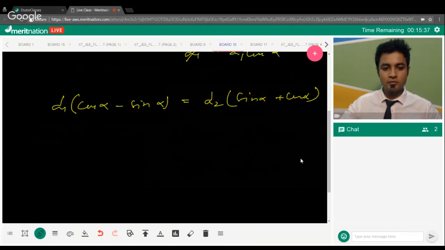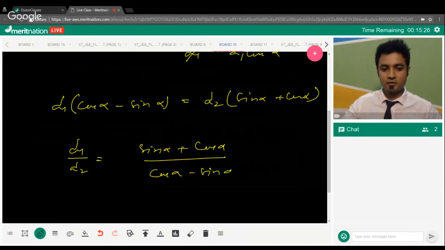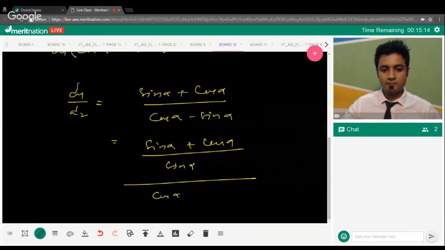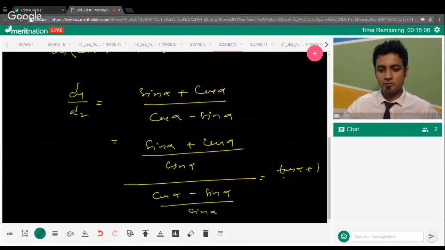So d1 by d2 will become (sin alpha plus cos alpha) upon (cos alpha minus sin alpha), right? We just divide with the cos alpha in numerator and denominator both, so it will become tan alpha plus 1.